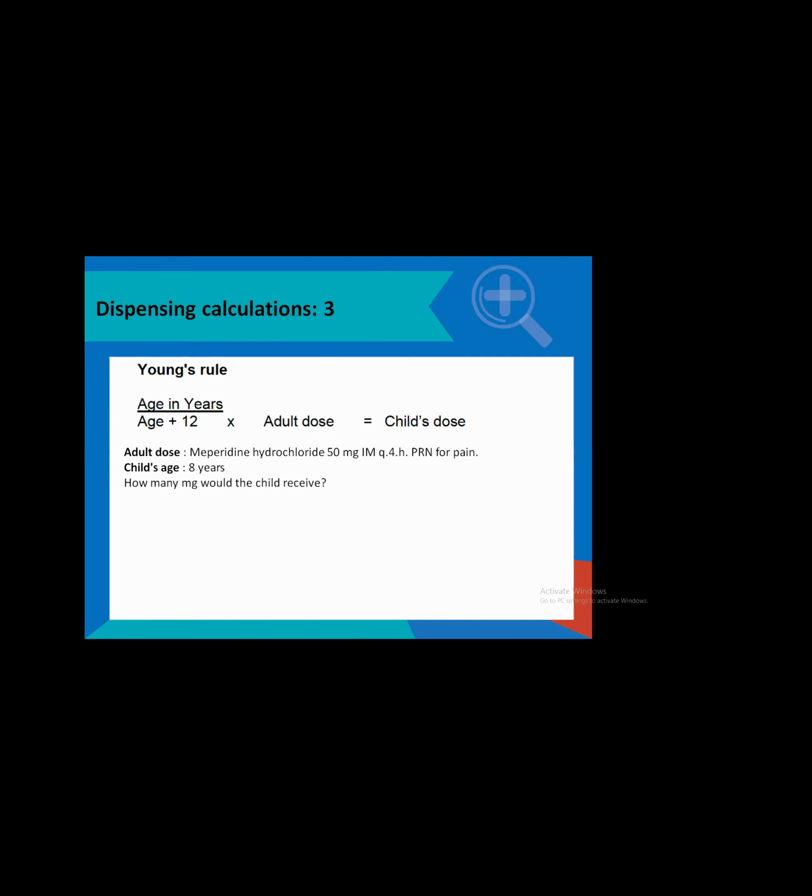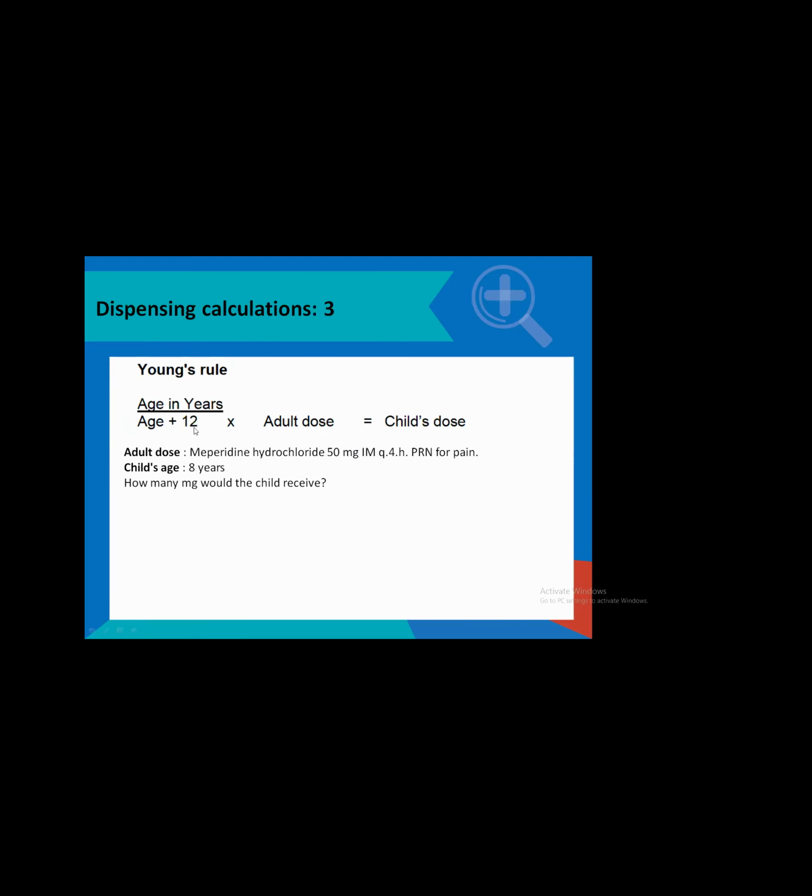So with this one, you take in the age of the patient and then the adult dose. So it's the age in years. If you have, say, a 5-year-old, it would be the age of the child, so you put in the 5 years there, then it would be the age plus 12 years.